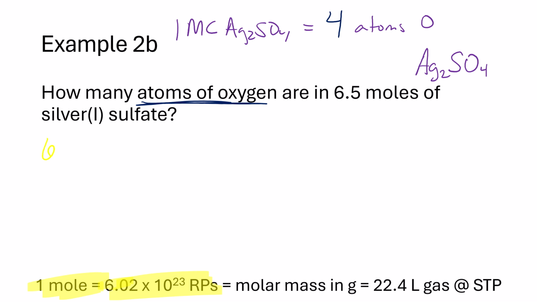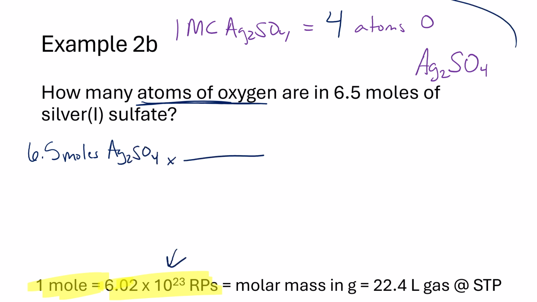Okay, so if I have 6.5 moles of silver sulfate, I'm going to have to get it into formula units first before I can figure out the atoms. I have to find that medium point. So 6.02 times 10 to the 23rd. I'm going to write F.U. for formula units.